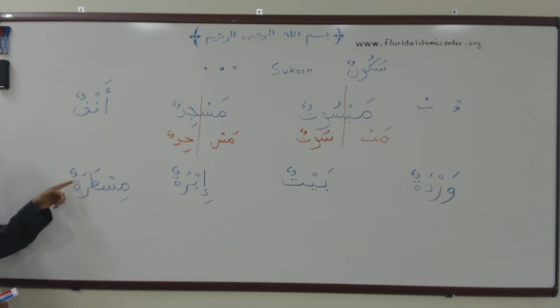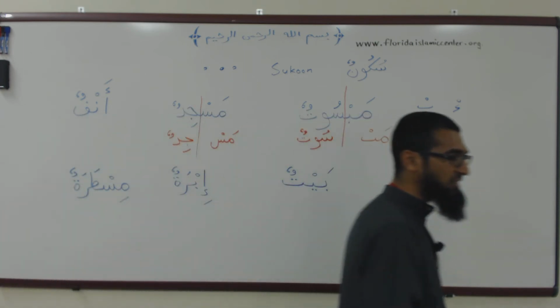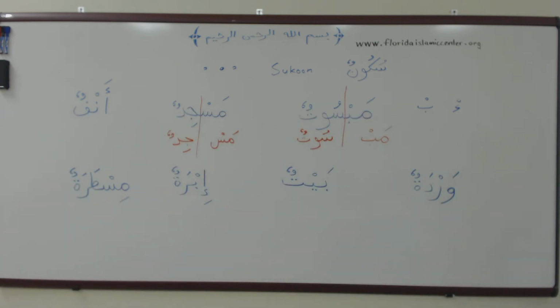Tara. Mistaratun. Mistaratun is a ruler, like a stationery item. What's the ruler, as in that ruler or ruler of a kingdom? No. The ruler of a kingdom is called Malik. Mistaratun is a ruler, like a ruler, pencil, sharpener. You draw lines with it. Yeah, like that one. Mistaratun.